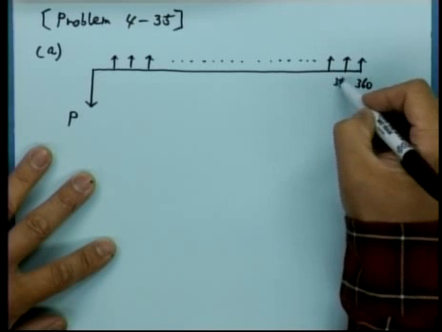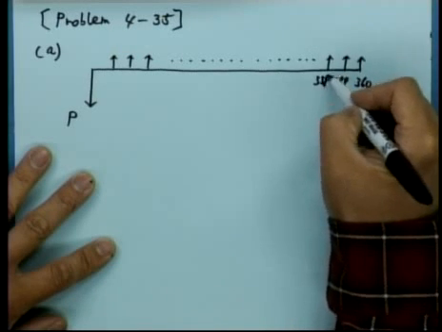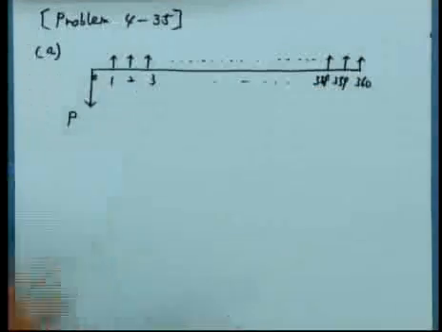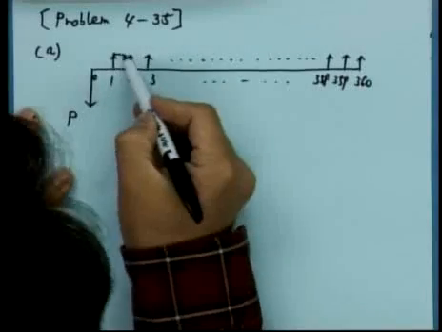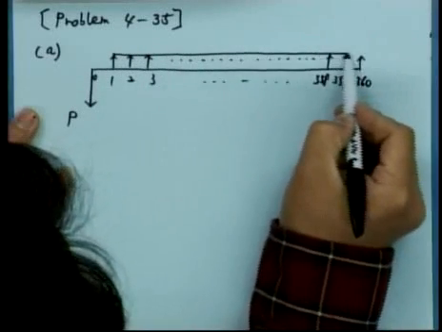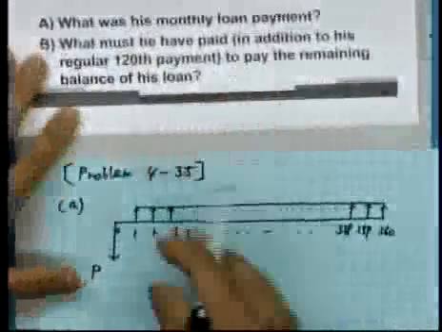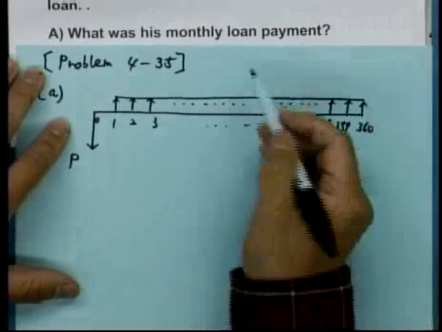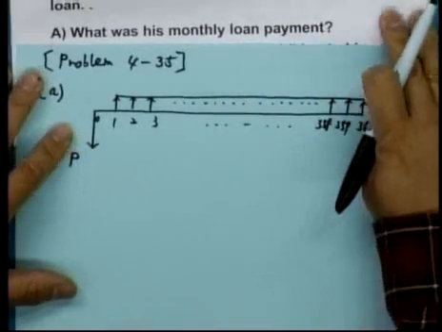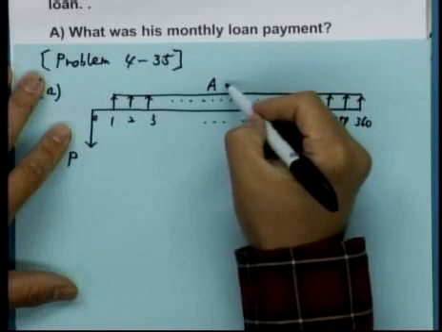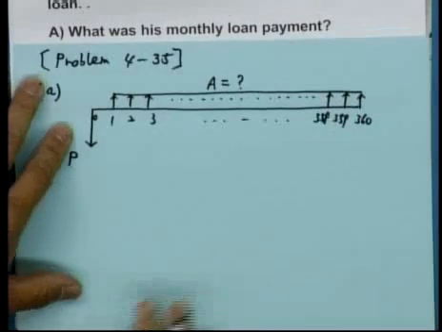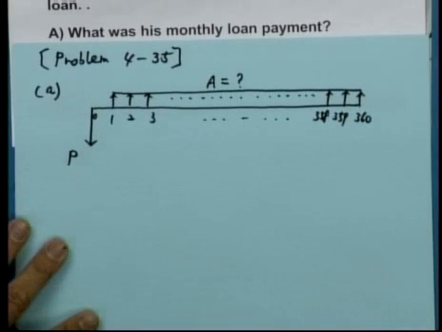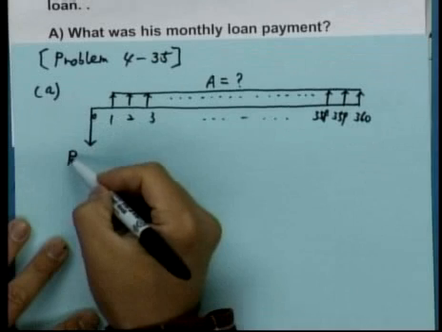$360, $359, $358, and then 1, 2, 3, 0, right? Like this. So what is the first question? First question is asking his monthly loan payment, right? So which is about A. And what is the present sum?